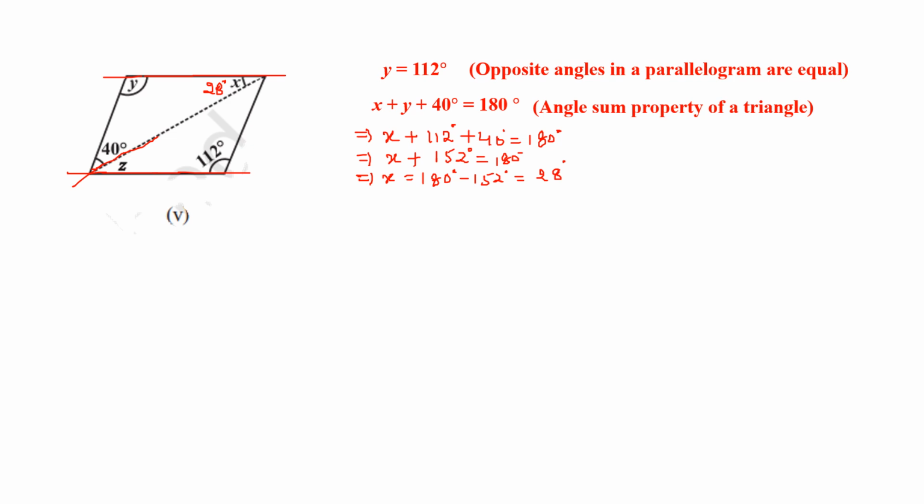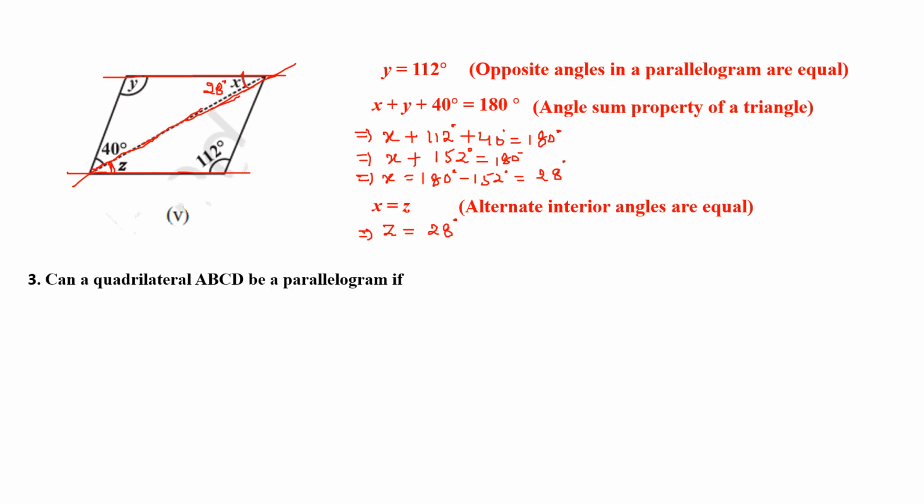And this is my transversal. So what will happen? This angle X and this angle Z, both are alternate interior angles, isn't it? So I can write X will be equal to Z, because they are alternate interior angles. And from here I can write the value of Z will be 28 degree. Clear? Now we'll move to the next question.